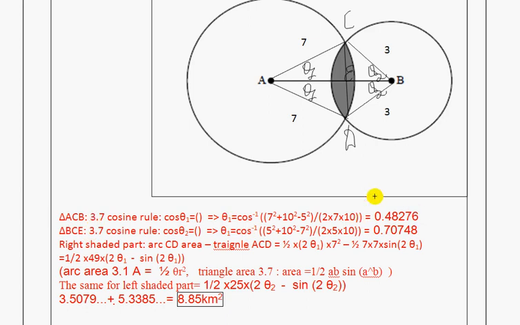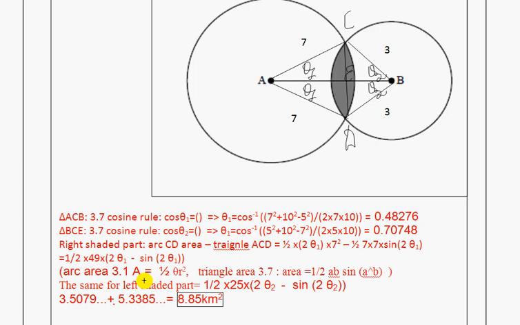I use the arc area from section 3.1 as half theta r squared. Triangle area as half ab sine of the angle between a and b will be r squared, and so I actually have the following expression for the right.